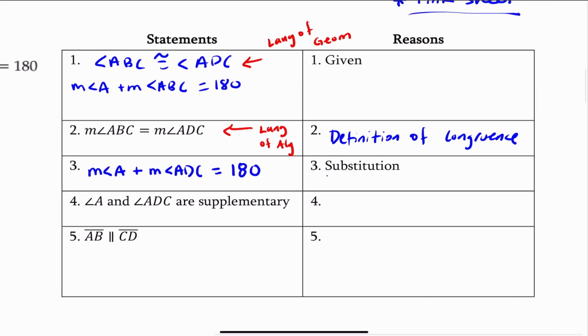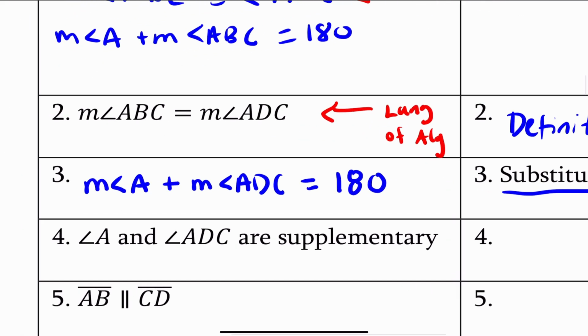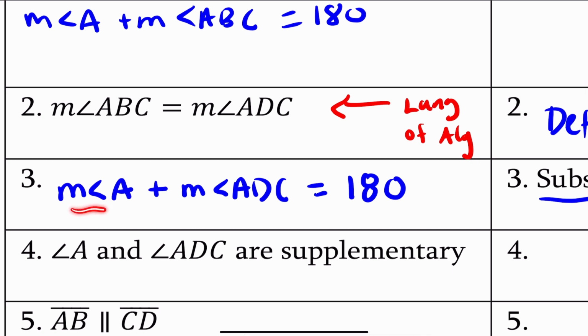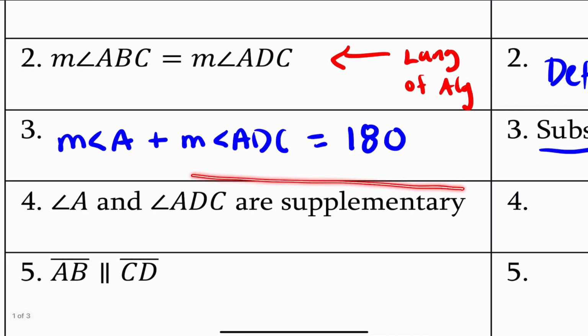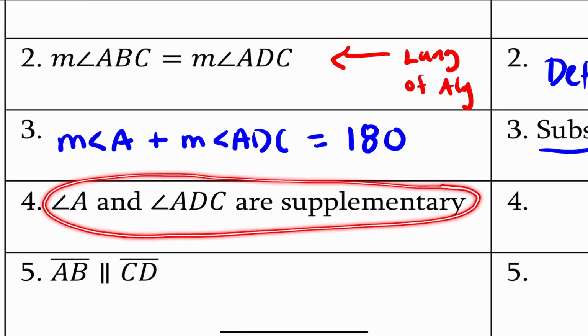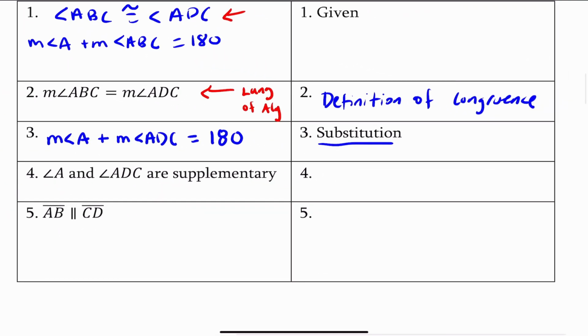And that's because we were substituting. And now we show that these two angles are supplementary in algebra form. I want to turn that into supplementary in word form. And that's because of the definition of supplementary angles.